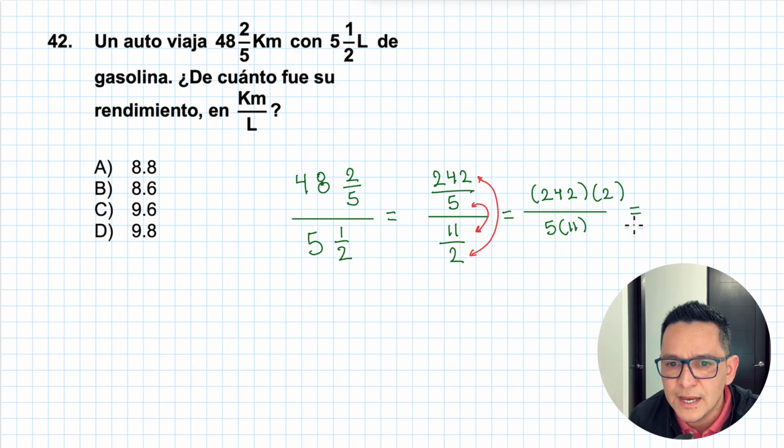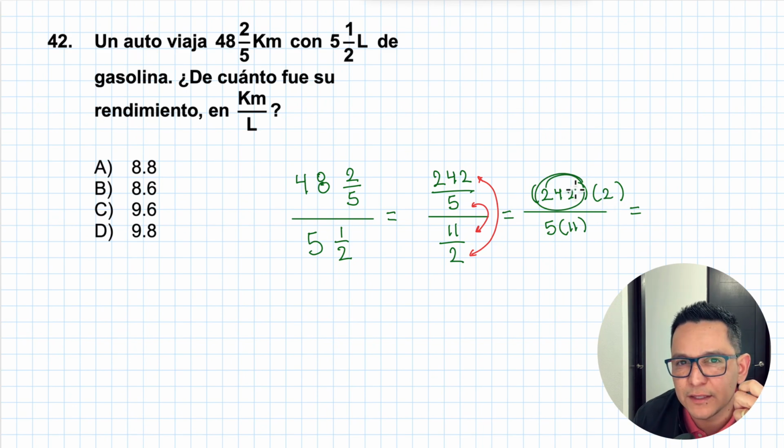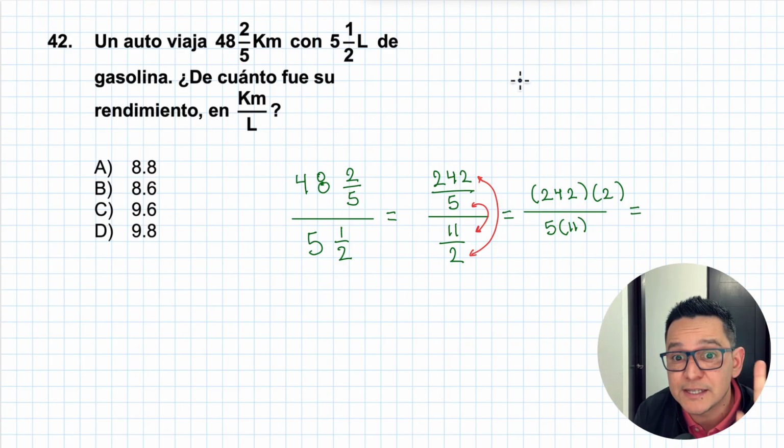Okay, now let's do the two operations. We have 242 times 2 over 5 times 11. Look, I think this 242 can be divided by 11. Let me quickly do that division to see if it's possible. If it is, I can simplify the operation before I do the multiplications.